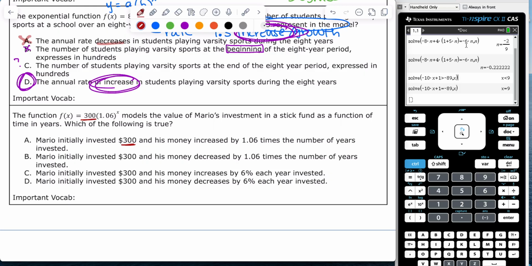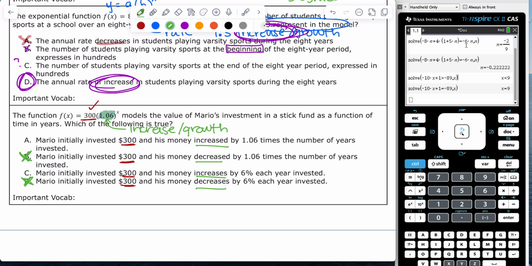This is good. Now, again, I have 1.06. I know that this number means increase and growth. So let me look. Increase, decrease, increase, decrease. I know I can eliminate B and D because they're the wrong words.